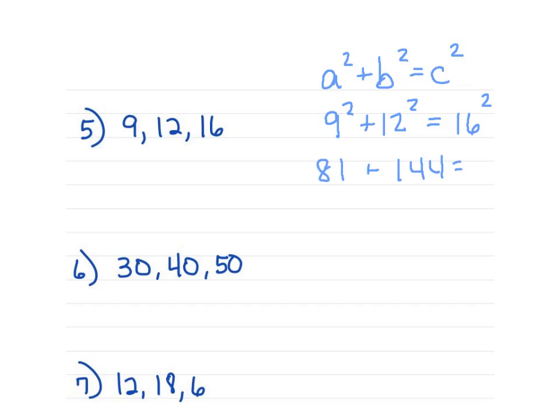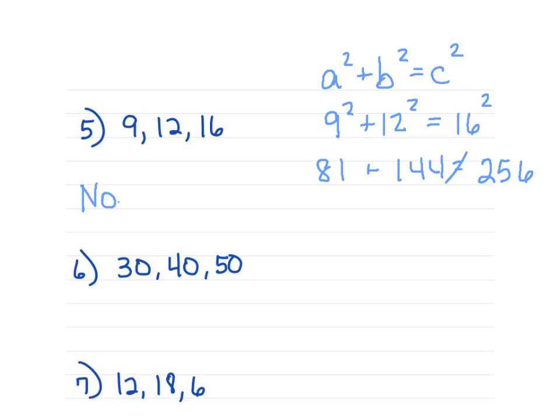And 16 squared equals 256. So you need to ask yourself, is it true that 81 plus 144 is equal to 256? Well, the answer is no. That does not make any sense. So this is not a Pythagorean triple.